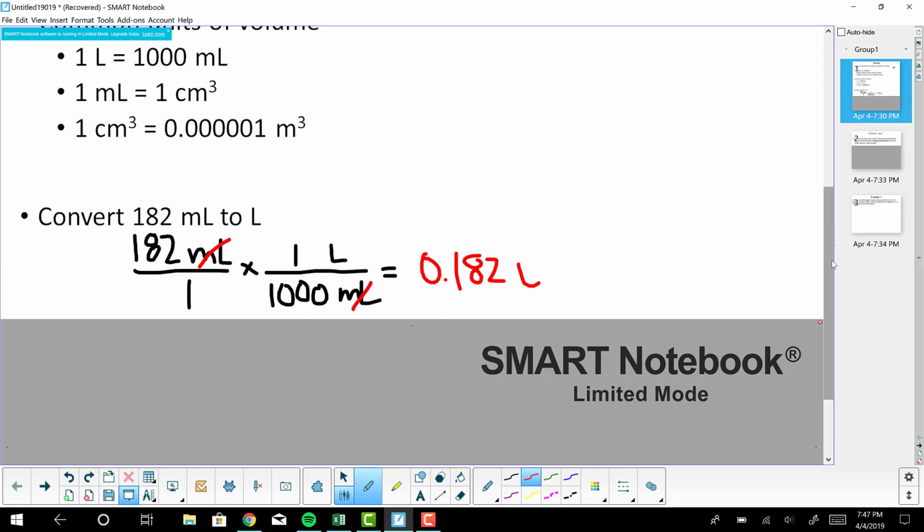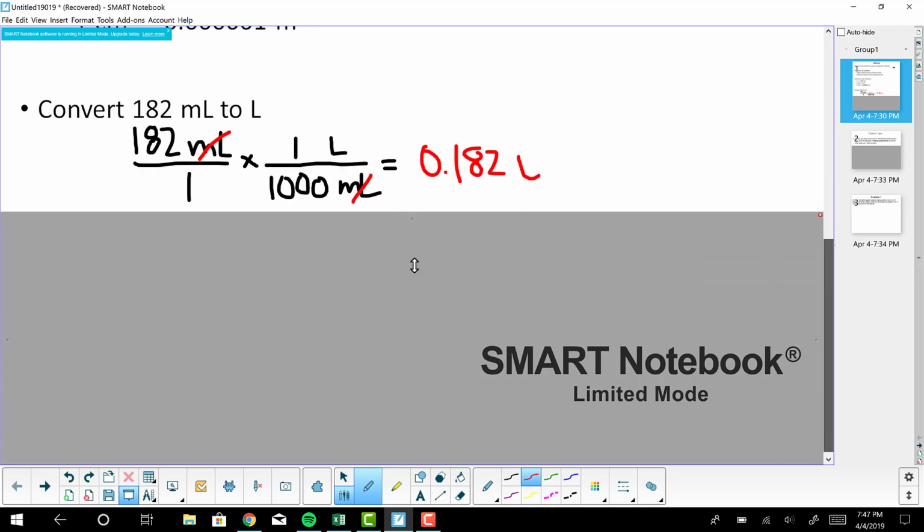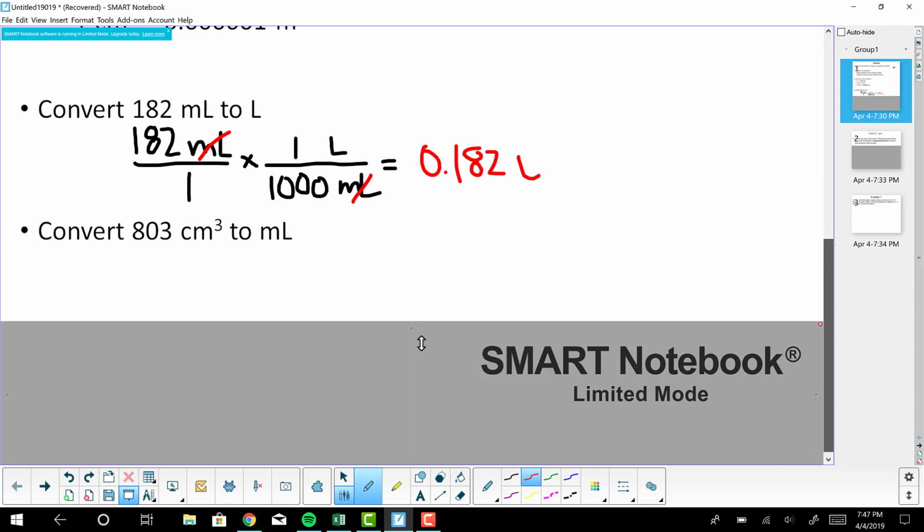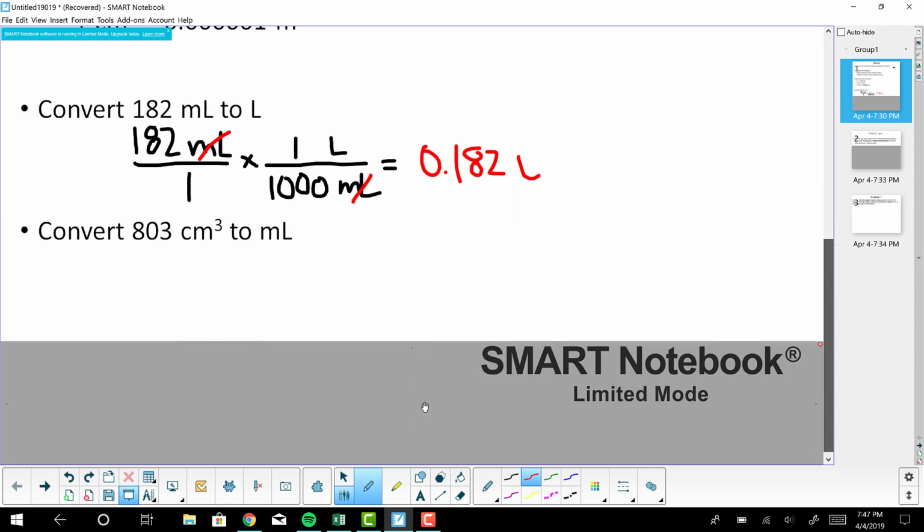All right, let's do the next one. Let's convert 803 centimeters cubed to milliliters. So let's start with 803 centimeters cubed, and that's going over 1. Remember, the 1 is just a placeholder. I multiply that by another fraction.